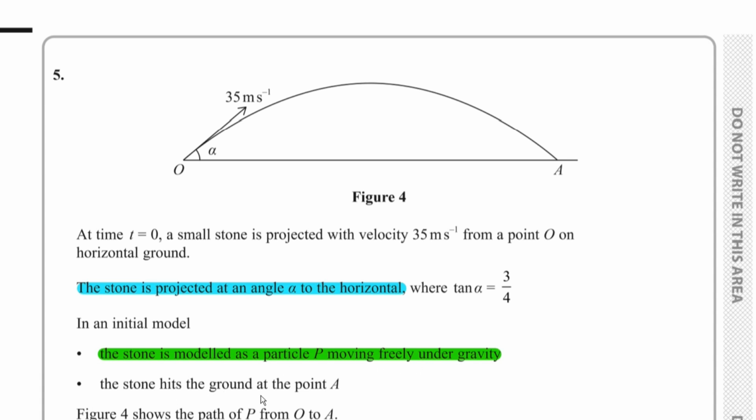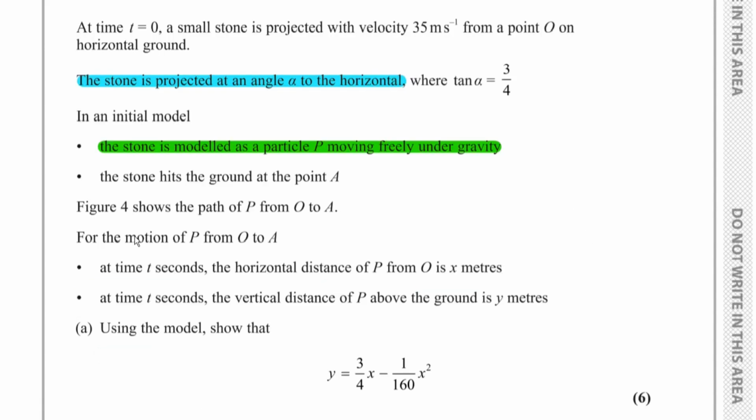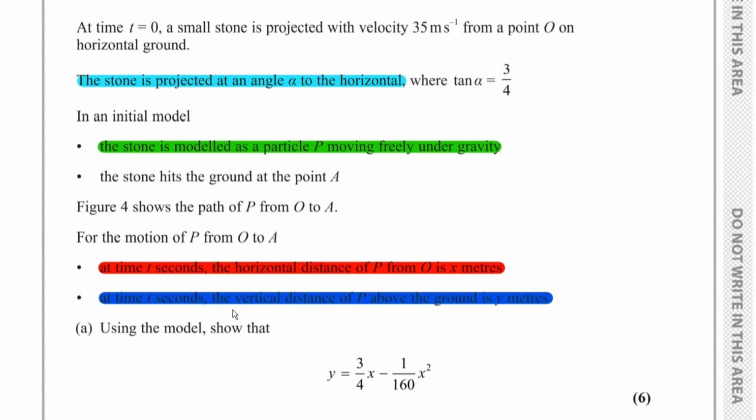The stone hits the ground at the point A. Figure 4 shows the path of P from O to A. For the motion of P from O to A, at time t seconds, the horizontal distance of P from O is x meters. At time t seconds, the vertical distance of P above the ground is y meters.